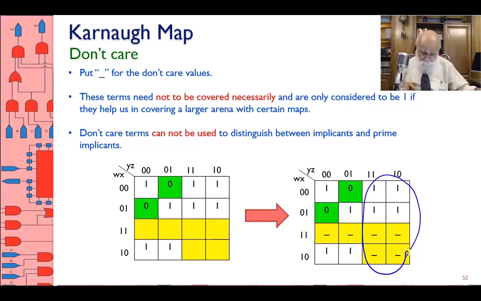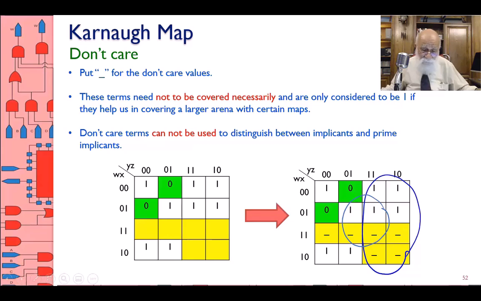Okay? If I treat these don't cares, the two below, as ones, then that gives me a relatively good map also. Then I have a 1 up on the left hand side.